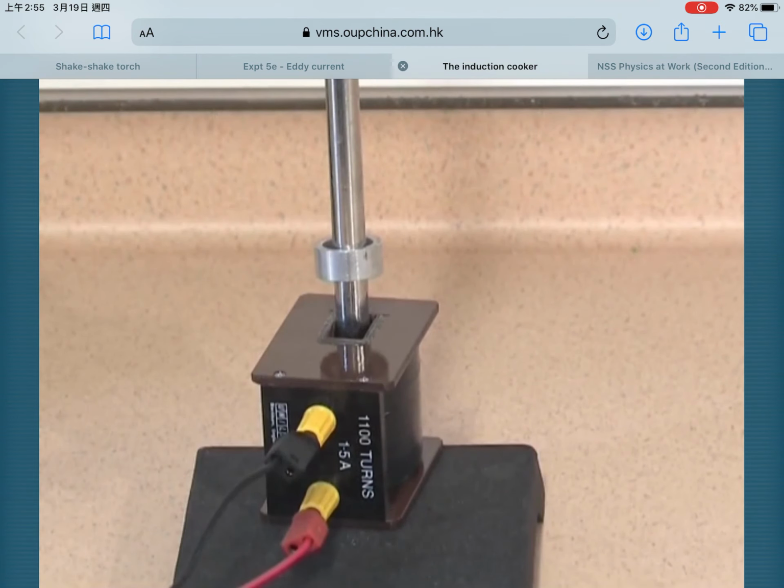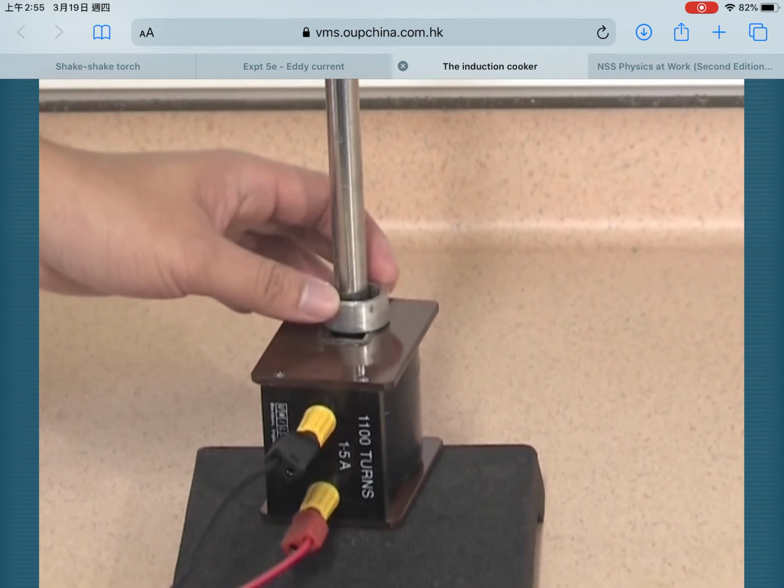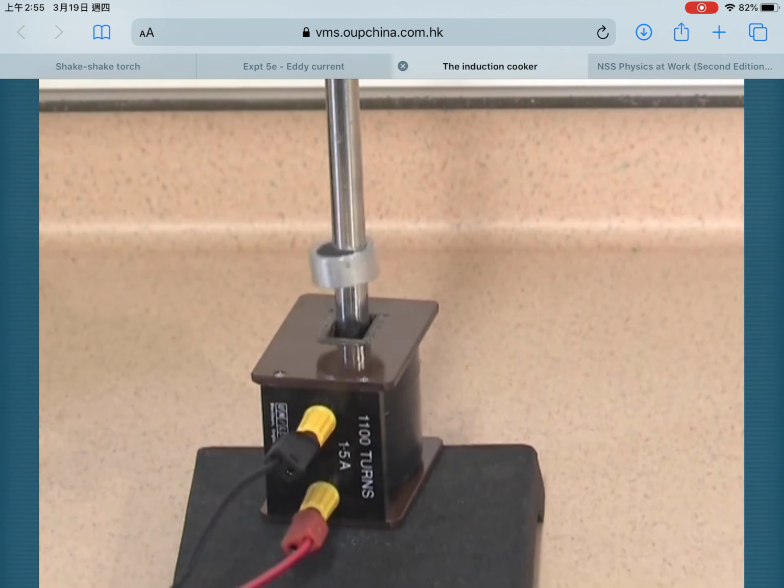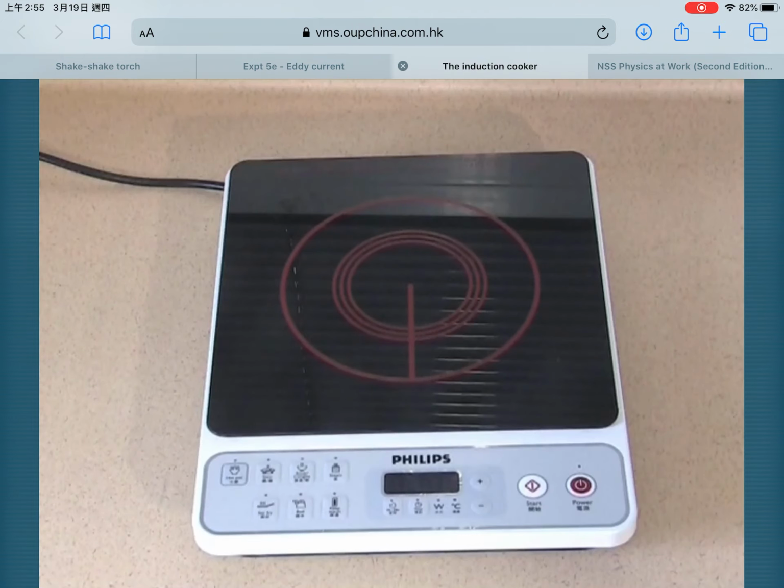Why does the ring float in mid-air? If we press the ring towards the coil, the ring will get warm very rapidly. This is due to the induced currents flowing within the ring. Such currents are called eddy currents. The same principle is applied in induction cookers.